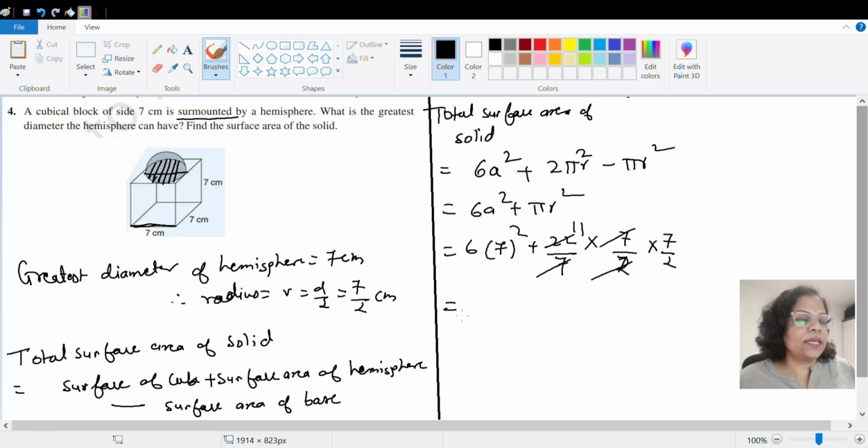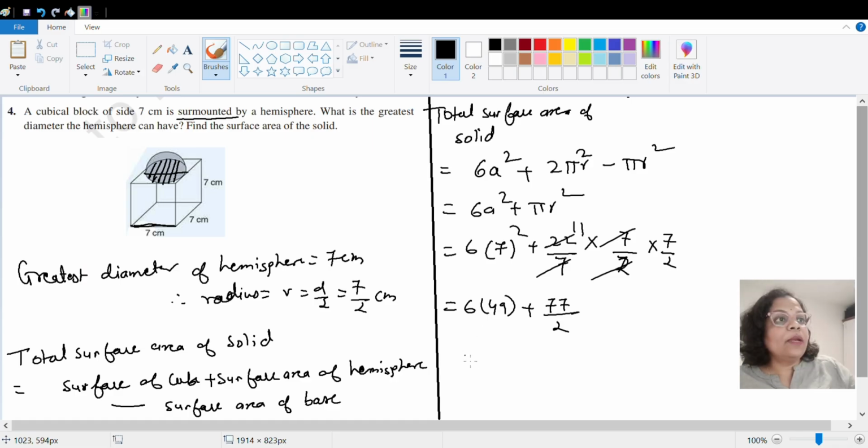Okay, so 6 into 49 you will do, plus this will become 77 by 2. So 6 into 49 if you do, it becomes 294 and this becomes 38.5, I think so. So if you add this, yes, it becomes 38.5.